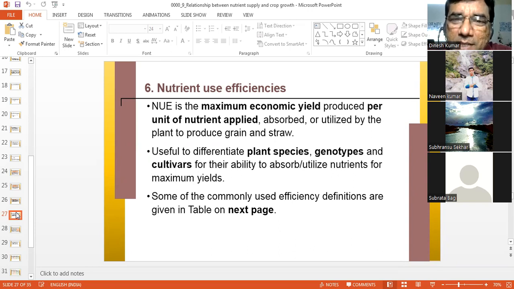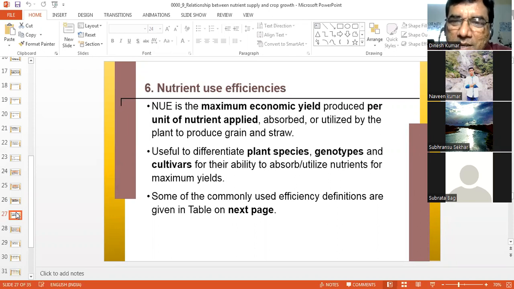Nowhere will you find nutrient supply and plant growth in a systematic way. If you find it, please share with me. So what we can do is assemble the things. So I just assembled the things here. This is also an assembled part, nutrient use efficiency and plant growth.